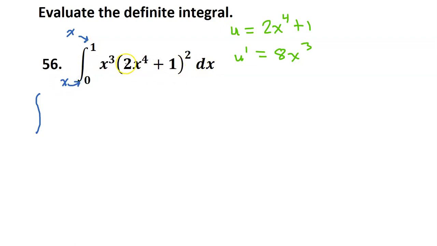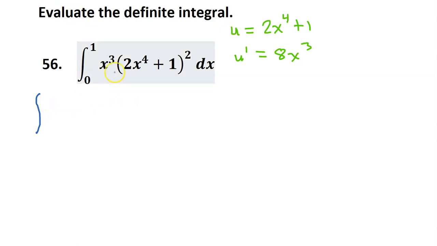So as soon as we replace all these x's with u's, then these will be the wrong limits of integration. So there is a way to change them to the correct limits that are in terms of u, and that's what I'm going to do on the next example. But for now, just leave them off. If you put 0 and 1 here, you will get the problem wrong on the AP exam.